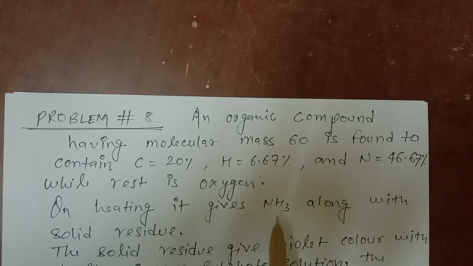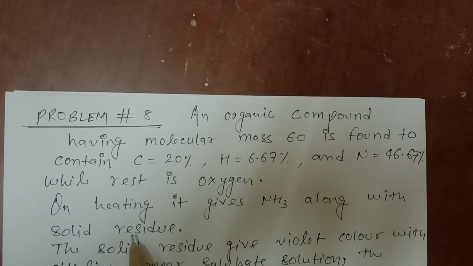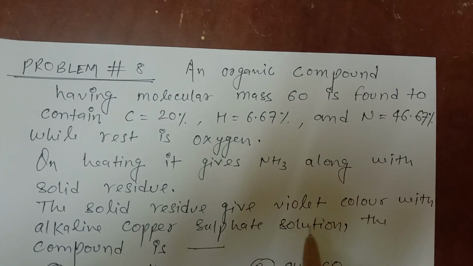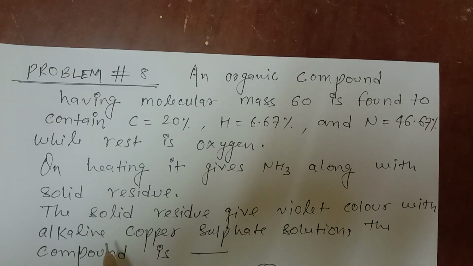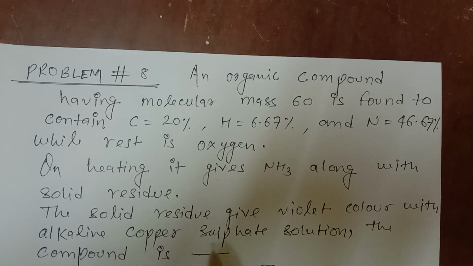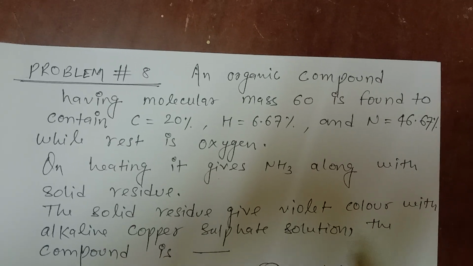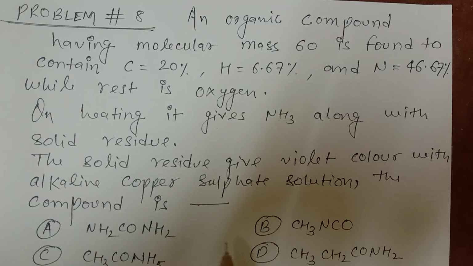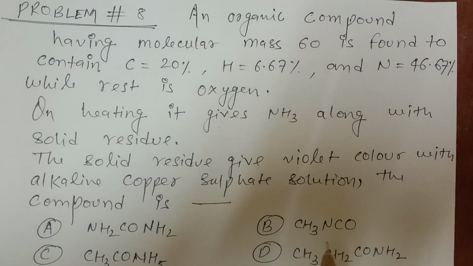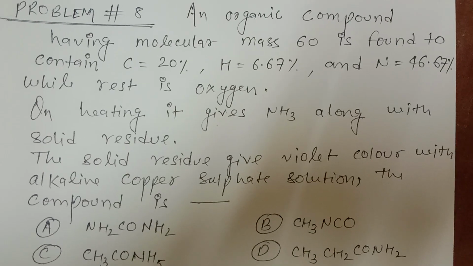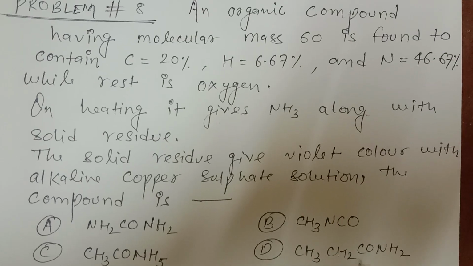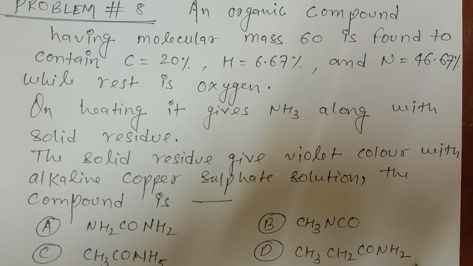On heating, it gives NH3 along with solid residue. The solid residue gives violet color with alkaline copper sulfate solution. The compound is: A, NH2CONH2; B, CH3NCO; C, CH3CONH2; and D, CH3CH2CONH2.